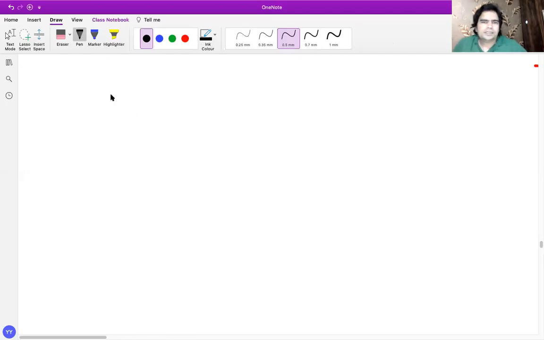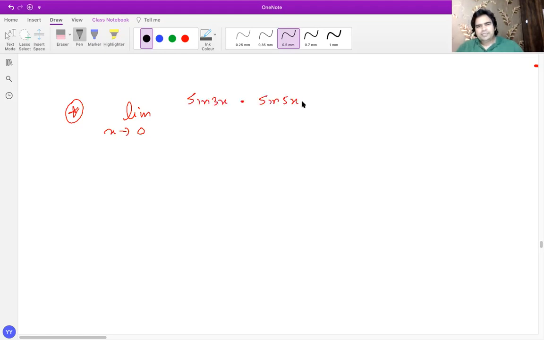Now let's look at the next example. I want to find out the limit as x tends to 0 of sine 3x times sine 5x times sine 8x over x cubed. Now this is an interesting question.